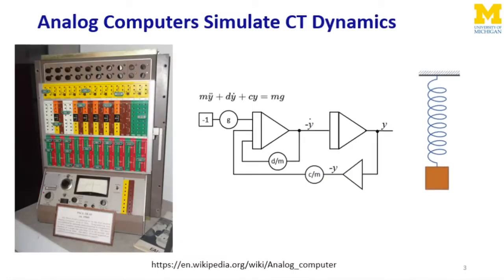Okay, so 78 years back, people developed these analog computers that could simulate the continuous time dynamics exactly. These analog computers basically had analog circuits which emulated integrators and differentiators. So you could use those elements to compute the terms of the differential equation. But you couldn't do much with these because these computers were very specific to the problem that was being solved.